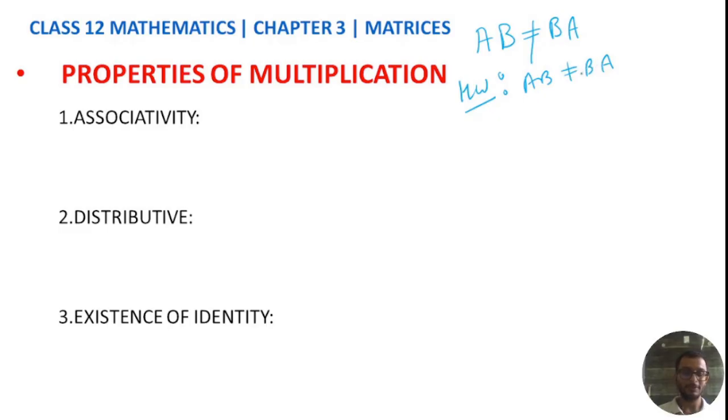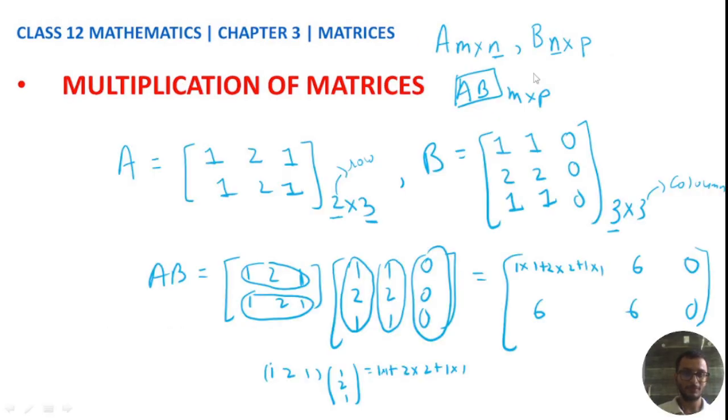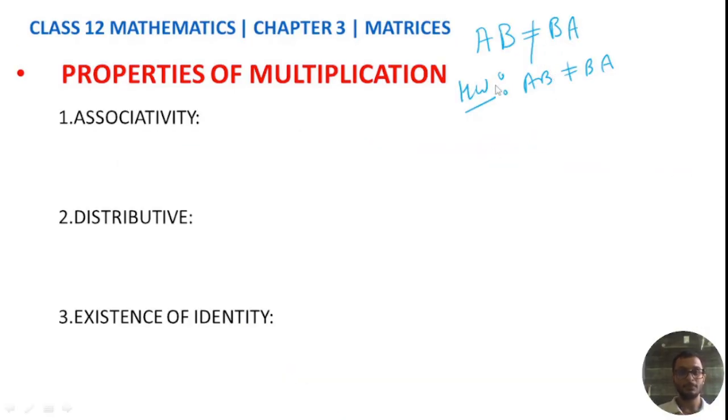If you try to visualize this, or in fact understand this concept of order, then only you can find the example where AB is not equal to BA. So you should try to find this example and try to give it in the comments.